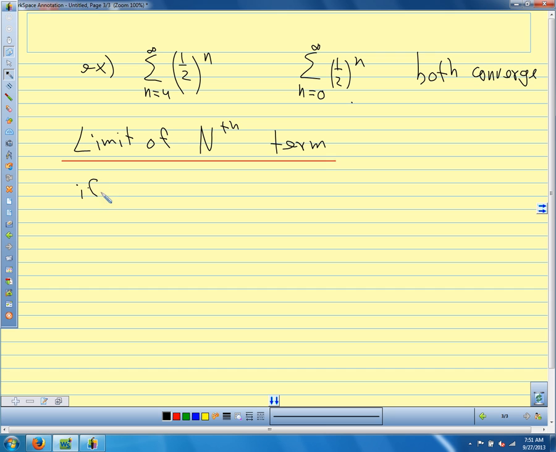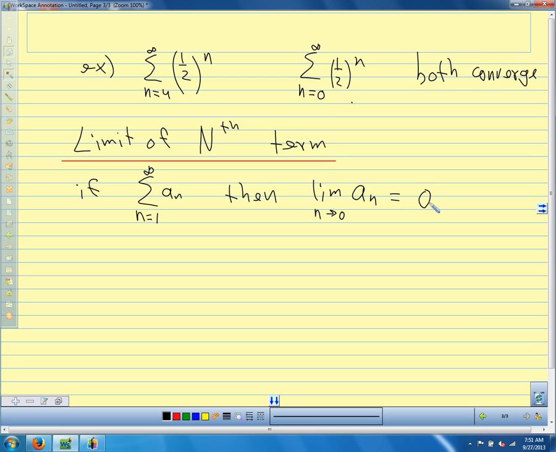If our series converges, then the limit as n approaches infinity of a sub n equals 0. If the series converges, the nth term, the limit as n approaches infinity of the nth term is 0. The converse of this theorem is not true.